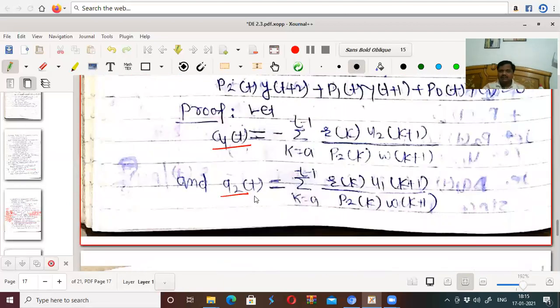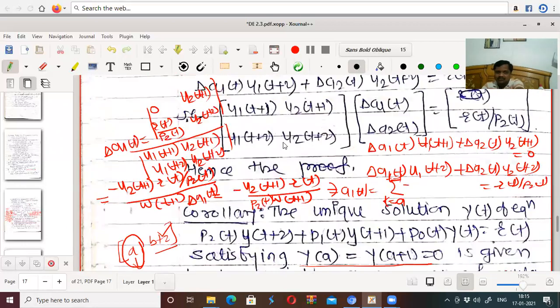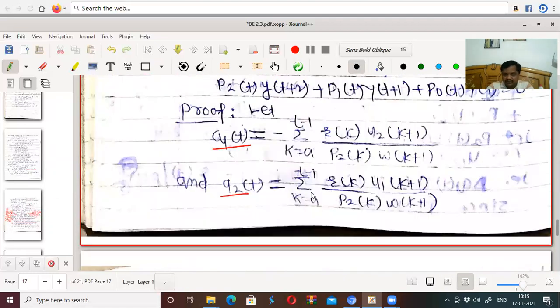Similarly, a2 we can obtain using the same thing. We know that in the first row only, we replace this, so the first column becomes u1(t plus 1), u2(t plus 1), and only this column will be replaced by 0, r(t) upon p2(t). So again you will get a2(t) equal to the summation for k from a to t minus 1 of r(k) u1(k plus 1) upon p2(k) w(k plus 1).